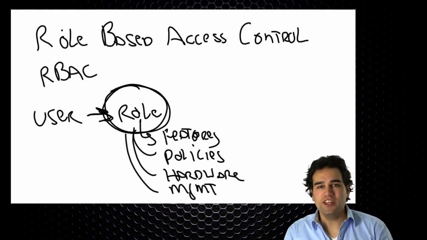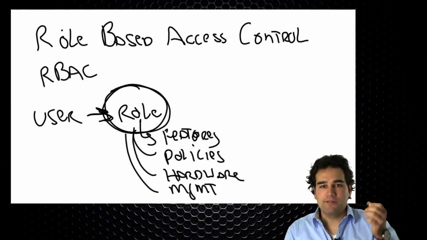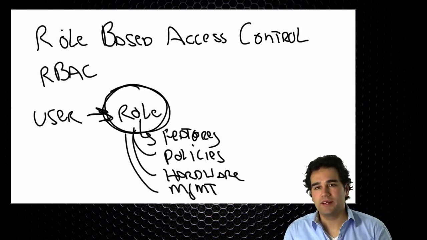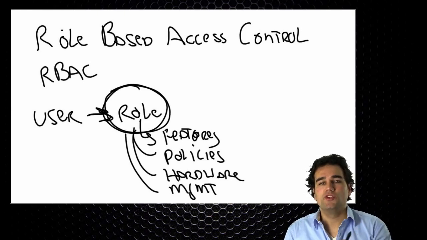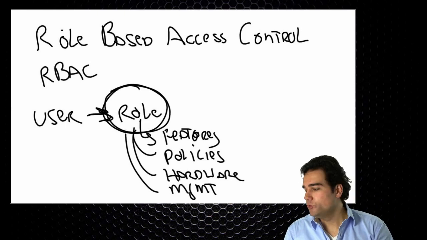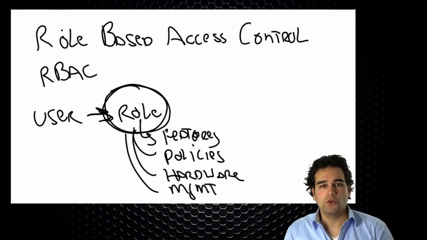Now, what are these roles? There are many pre-configured roles on the system that I can use and that have certain sets of features automatically enabled. Usually in a real-life deployment, I barely need to change this. I usually do not need to change anything about the role-based access control because the roles that I have are pretty much good.